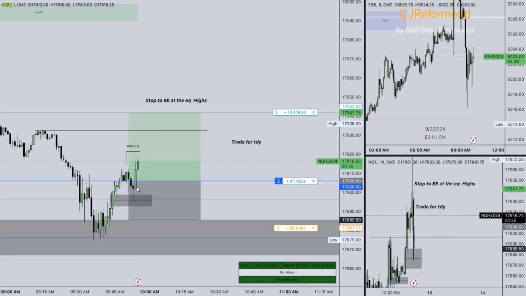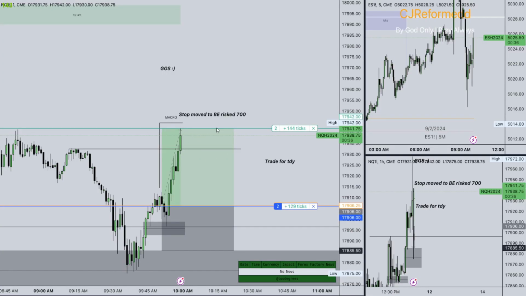And of course, macro came in, pushed us into that fair value gap, which is also a 2022 model. And as you can see here, I tapped into this fair value gap, but we continued higher as the macro eventually pushed us towards our price objective pretty beautifully, barely dipping below as we had obvious draws.